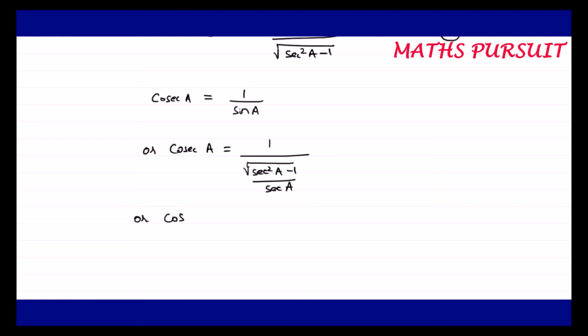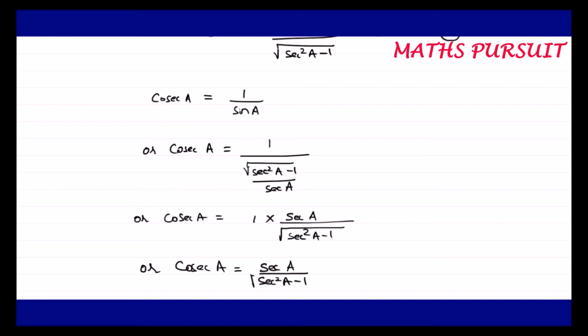Or I can write cosec A is equal to 1 into sec A upon root over sec square A minus 1. Or I can say cosec A is equal to sec A upon root over sec square A minus 1. This one is E.